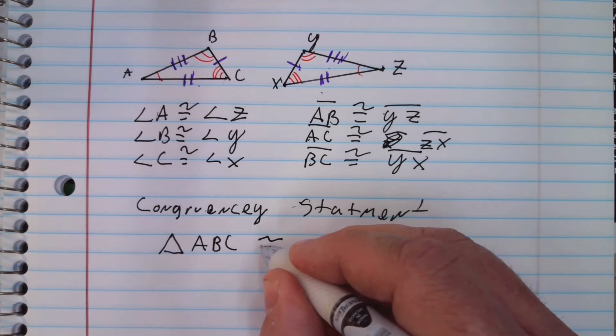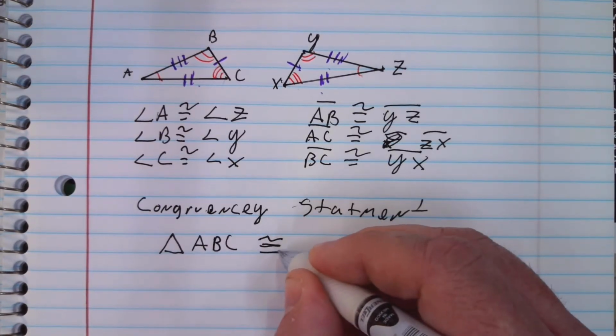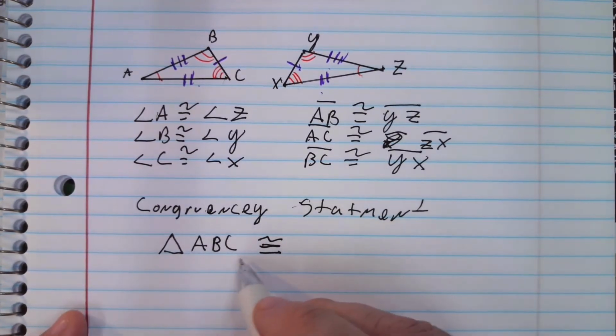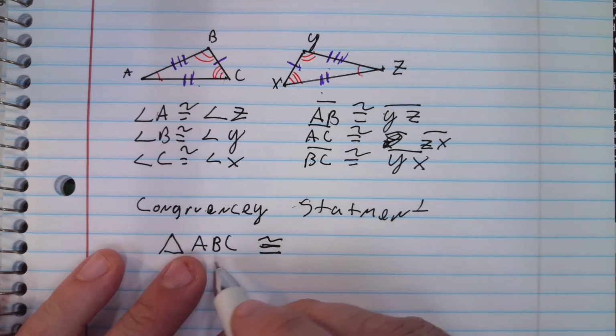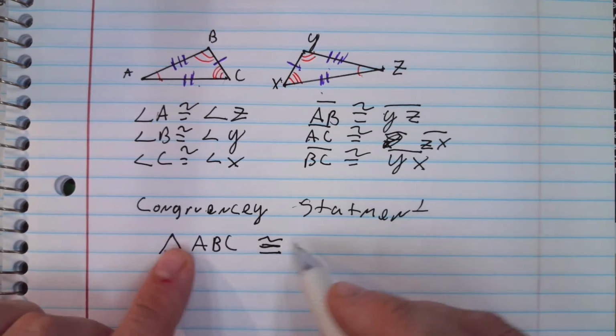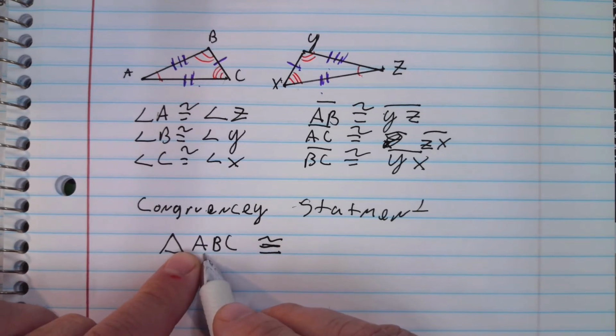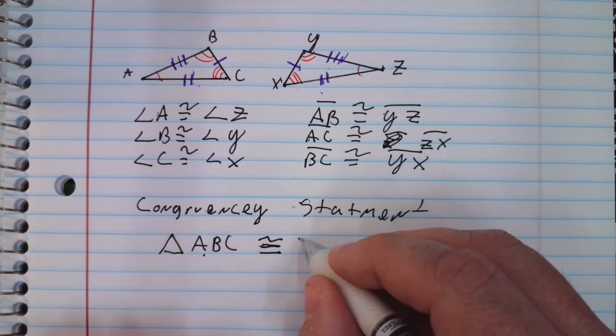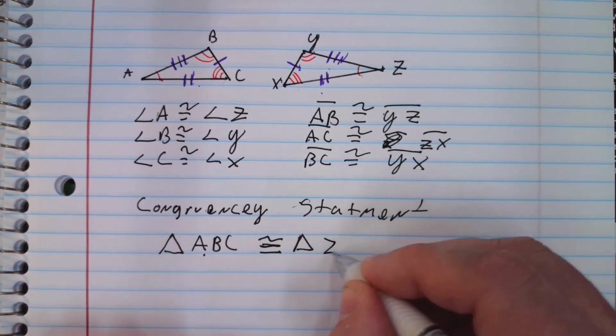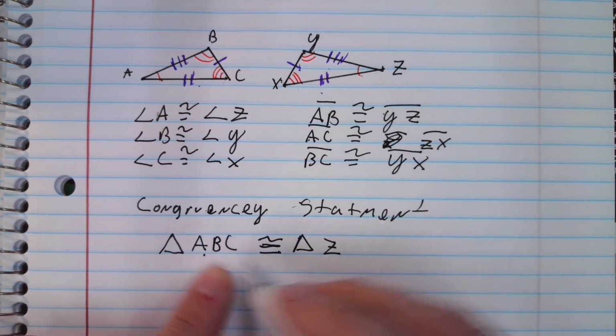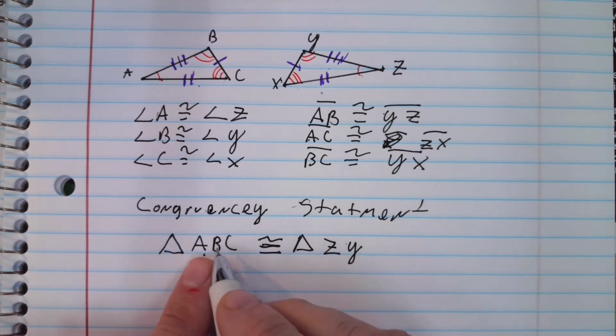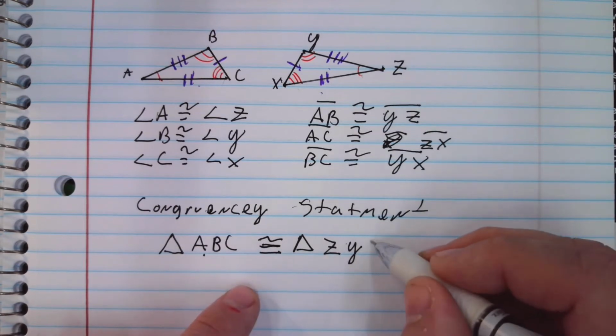congruent, and this is important, the order of the next one. First order, usually we do alphabetically. You don't have to, but usually you do. Second one is, what angle does A go with? So triangle Z, what angle does B go with? What angle does C go with? Okay?